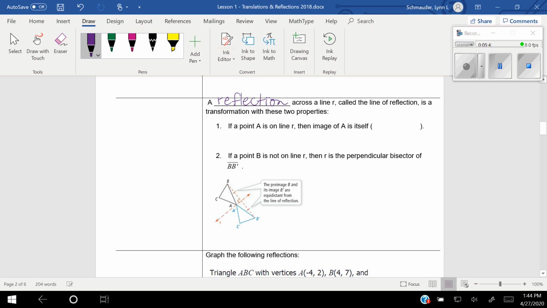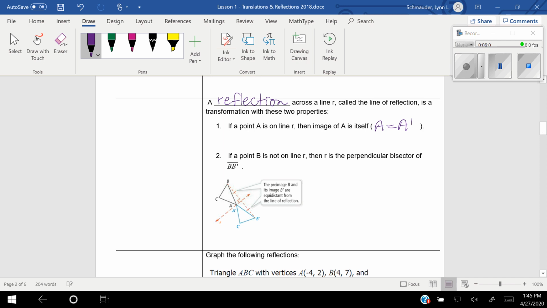A reflection across a line R, which is called the line of reflection, is a transformation with these two properties. If point A is on line R, in other words, if point A is on the line of reflection, then the image of A is itself. So A equals A prime.